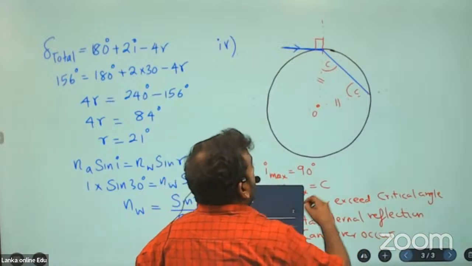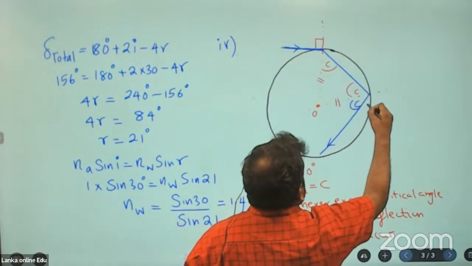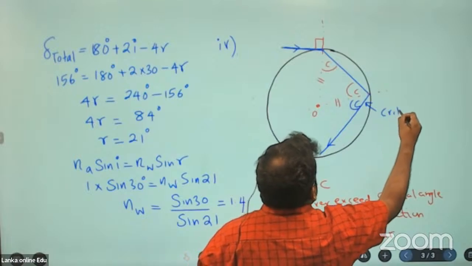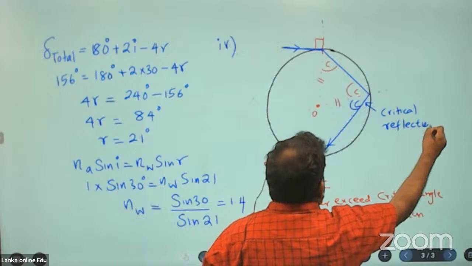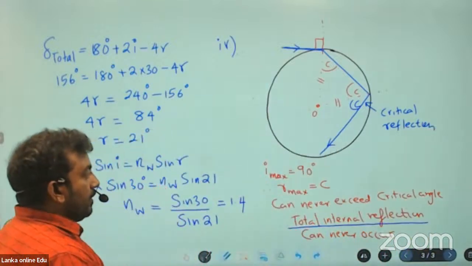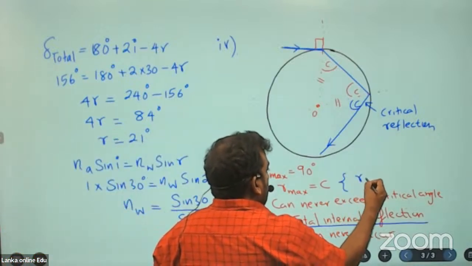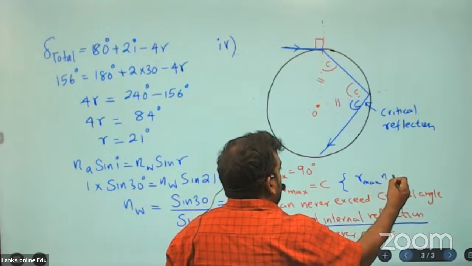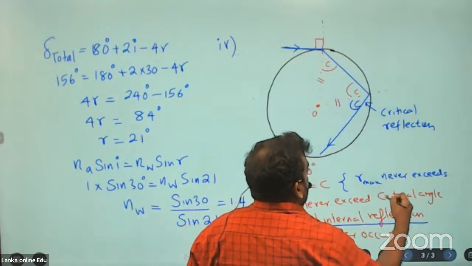So here, critical reflection can take place, but total internal reflection can never occur. Why? R max never exceeds critical angle.